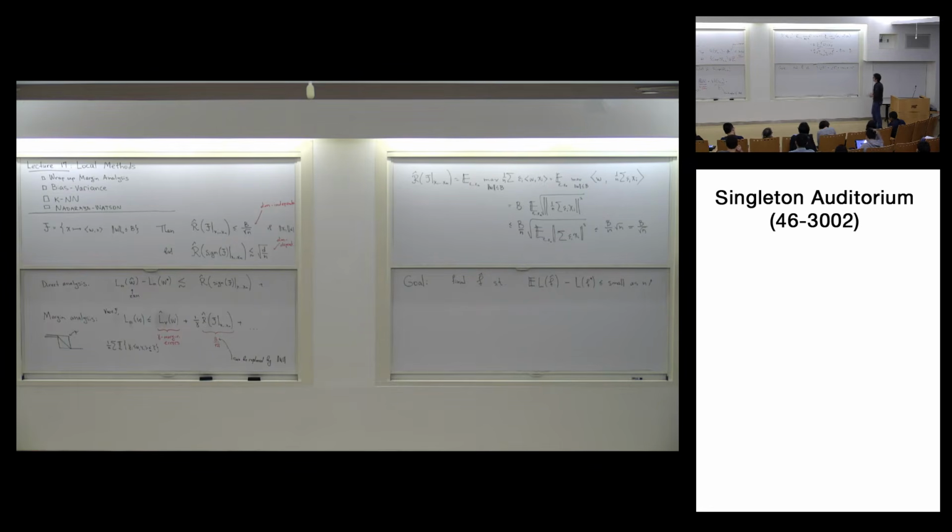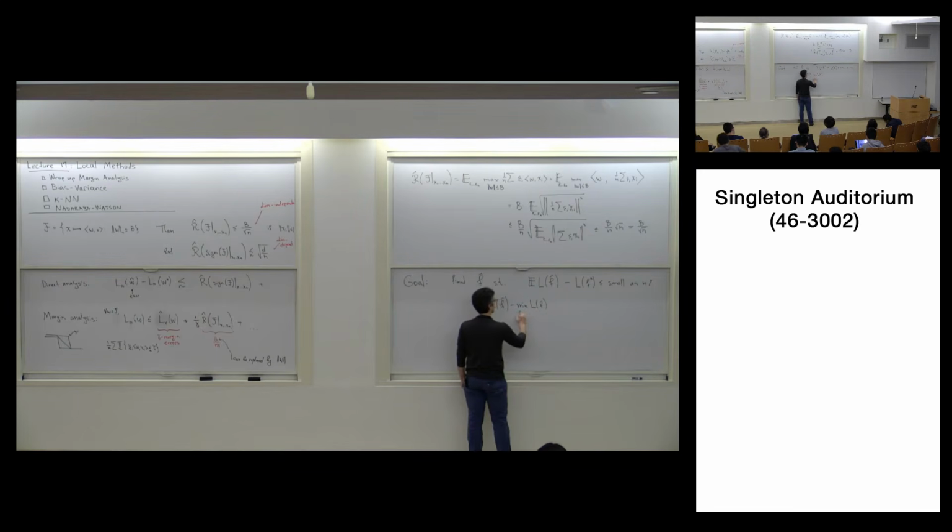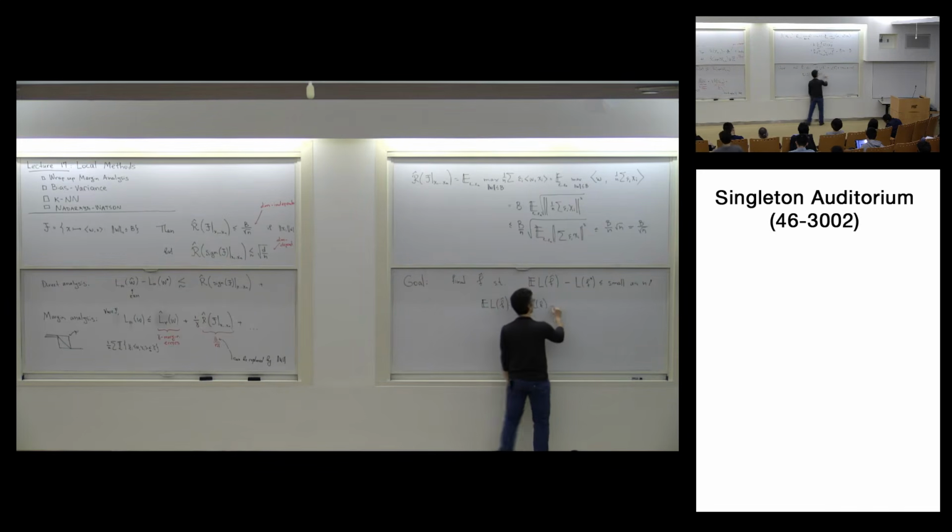And what we've done so far is we said we can't go after this goal all at once. So we're going to separate it into the expected L of f hat minus the minimum L of f over some class.